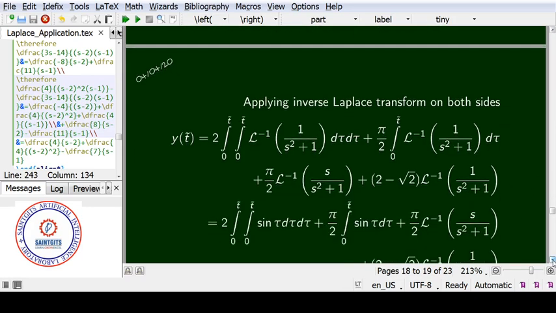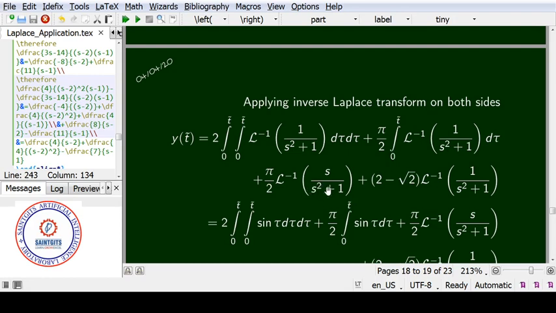Now we evaluate this. For simplicity, I consider these L inverses. L inverse of 1 by s square plus 1 is sin t. I write sin tau here because the integration variable is tau. Again, L inverse of 1 by s square plus 1 is sin tau, for the integral 0 to tau, 0 to t tilde.